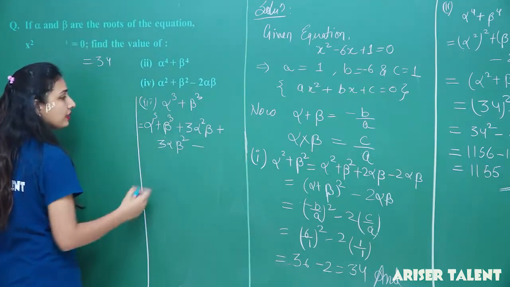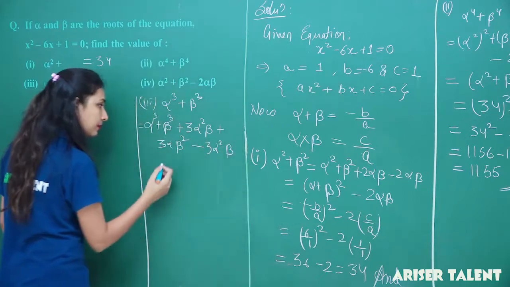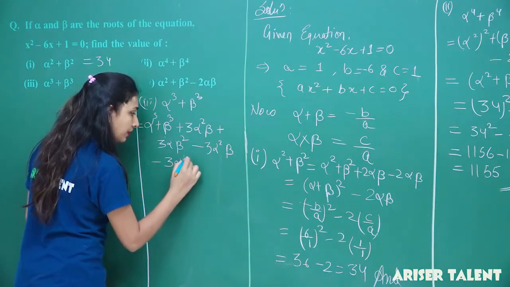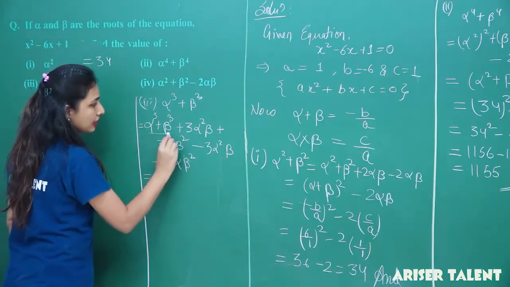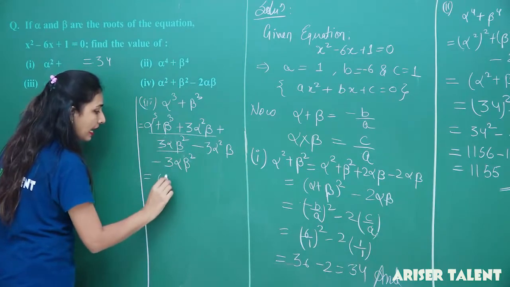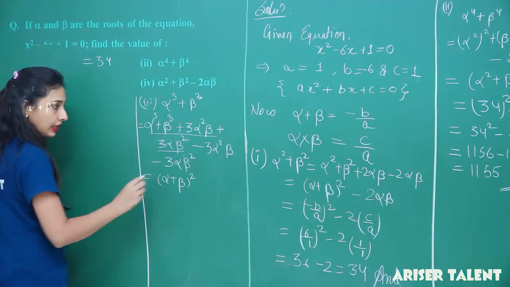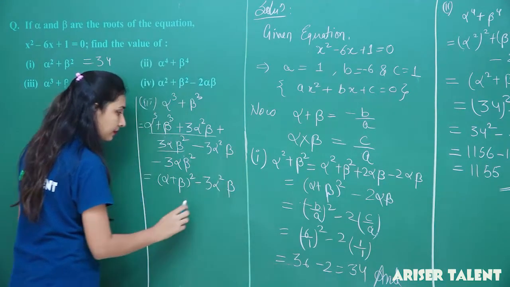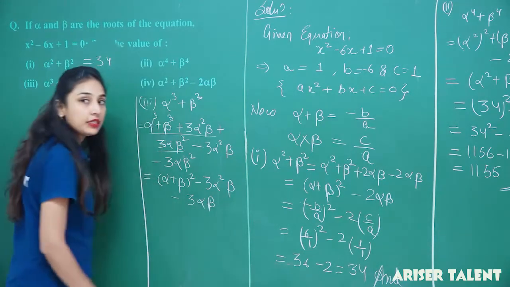So, I have to minus it: minus 3 alpha square beta minus 3 alpha beta square. So, this complete term will become alpha plus beta whole cube, then minus 3 alpha square beta minus 3 alpha beta square.